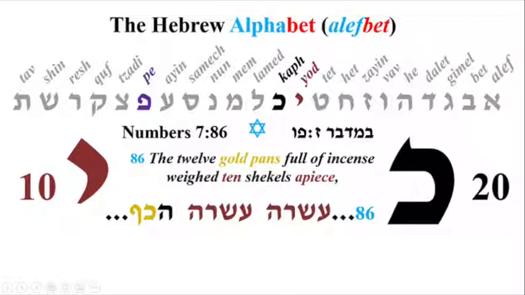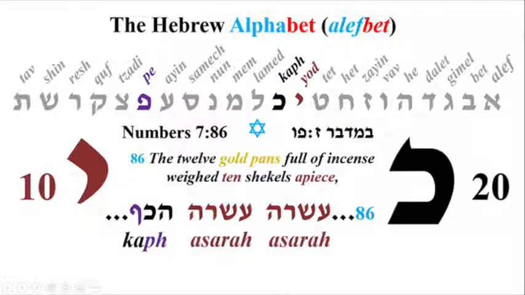There's a Kaph, and there's this word repeated, asarah. Asarah is the Hebrew word for 10, or asherah. And you have it listed twice because he's saying that there's 10 shekels apiece. In Hebrew they would write that 10, 10, and then Kaph. Kaph, we told you, was a small bowl or a spoon, right?